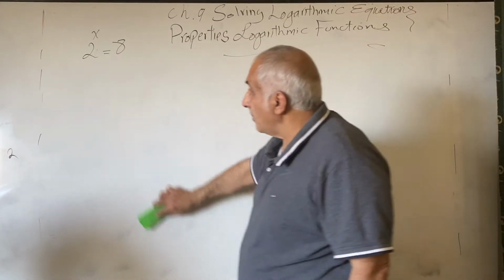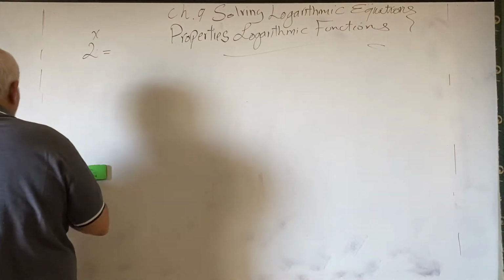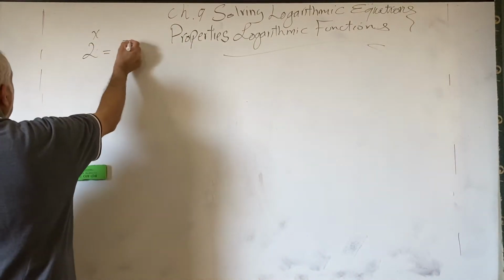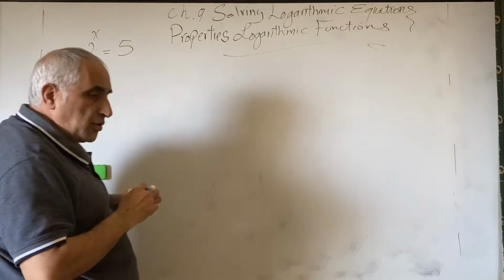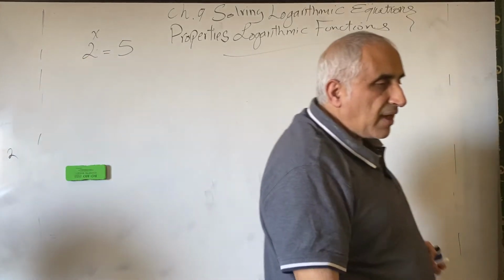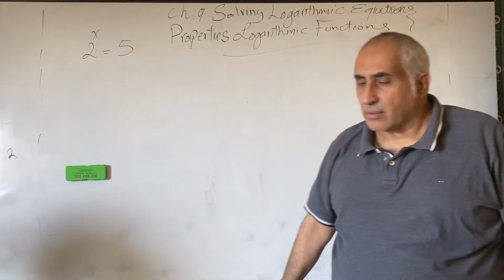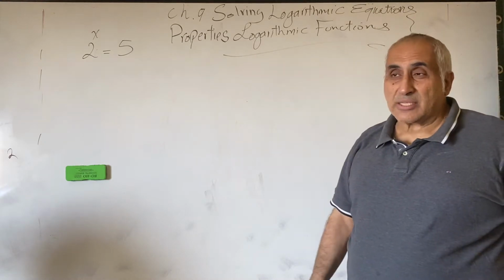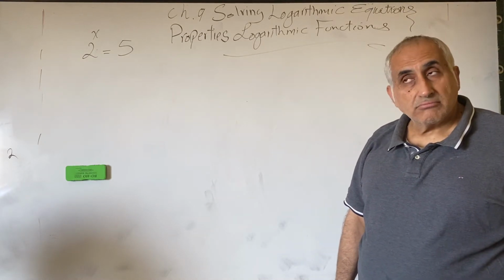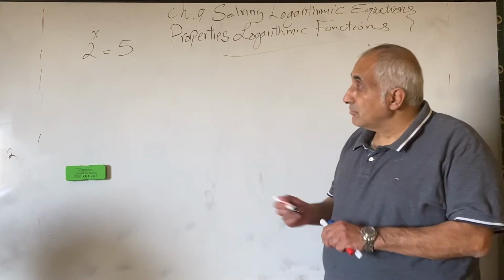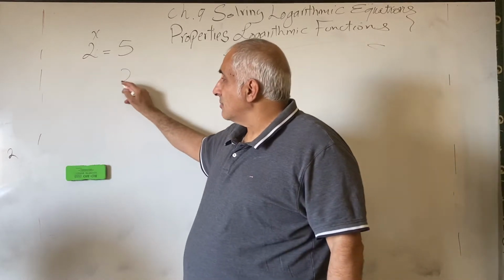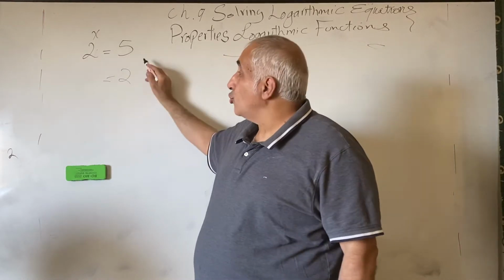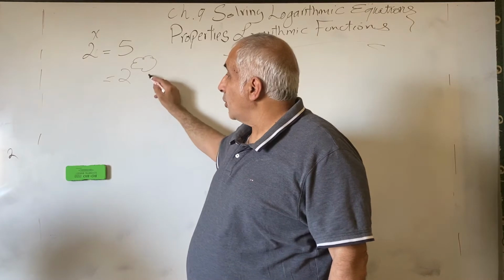today we'll talk about what happens if the exponential equation has a 5 or 3 or 2 or 8, whatever. Can I make this an exponential equation? I can never write this exactly as a power of something that will give me 5.